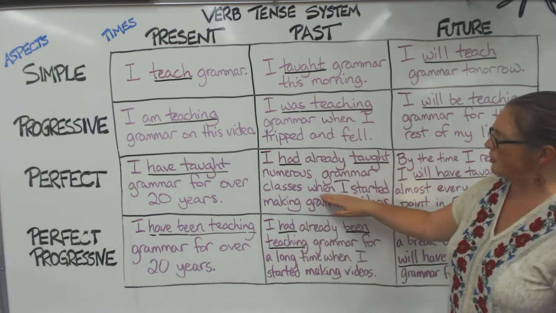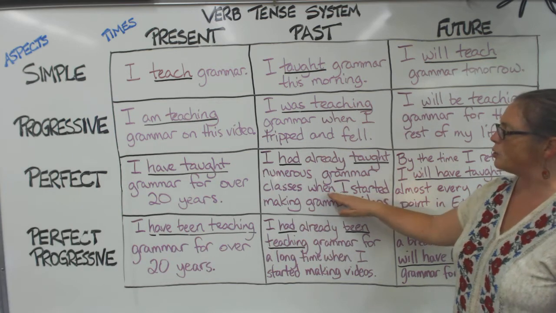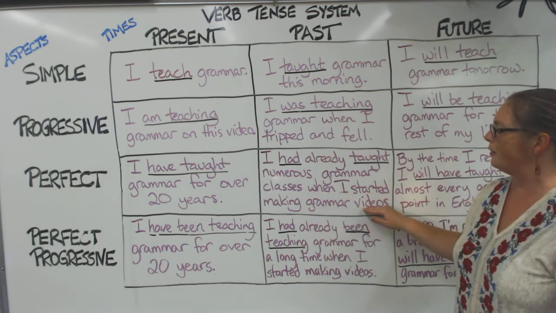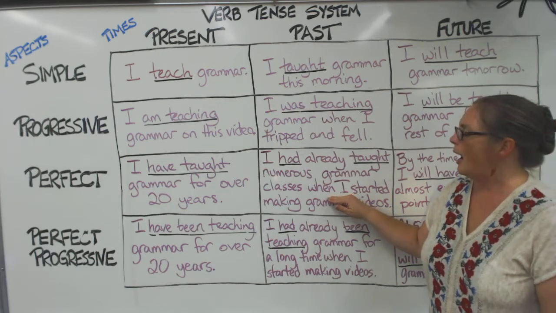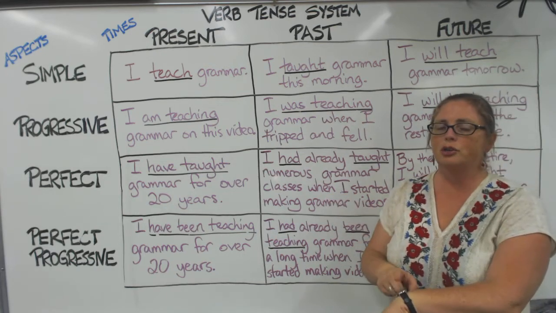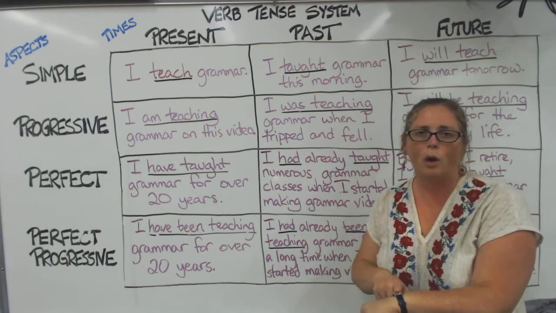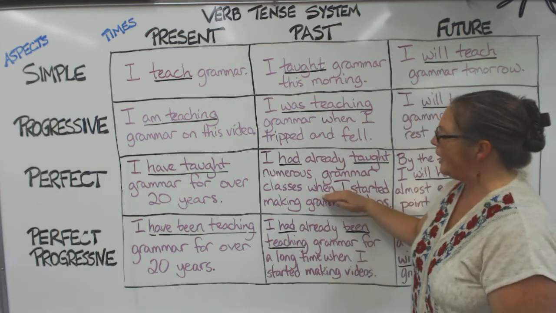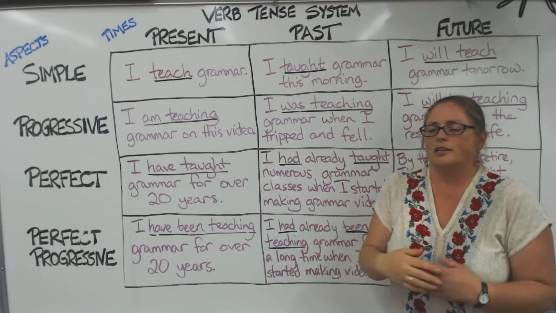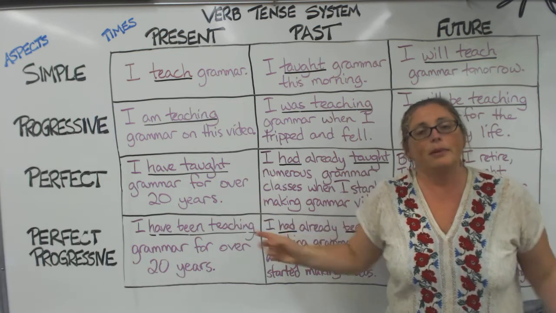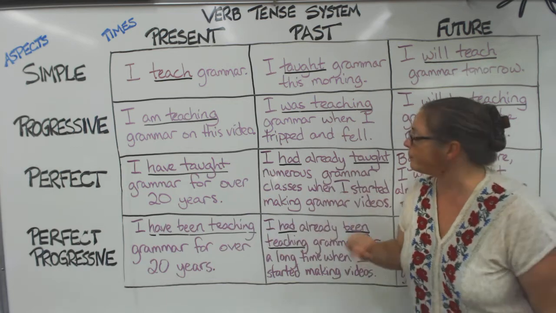So we have a defined time in the past. When I started making grammar videos, this is a defined moment. I don't need it to be a certain time given by the watch or by the calendar. It's just giving a time that is certain. It's not any time. It is a certain time.